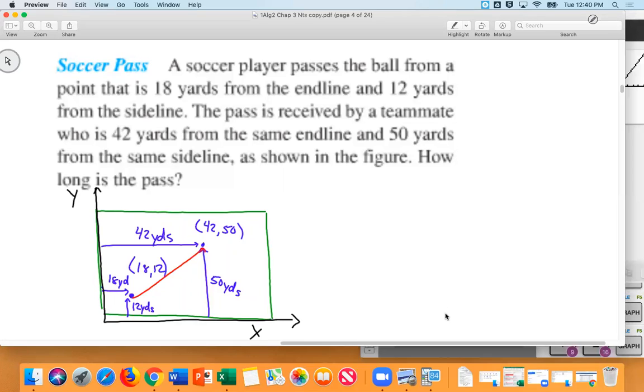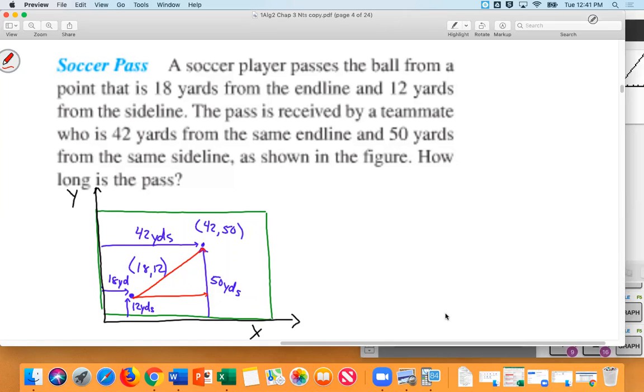Now, I basically drew the diagram. I could do it by memorizing that formula, but I just thought it's way too much. So here, how far is it between these two points?